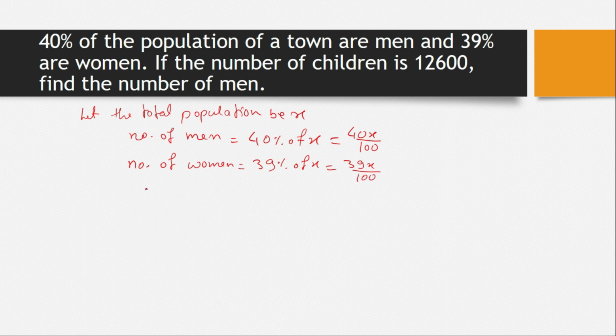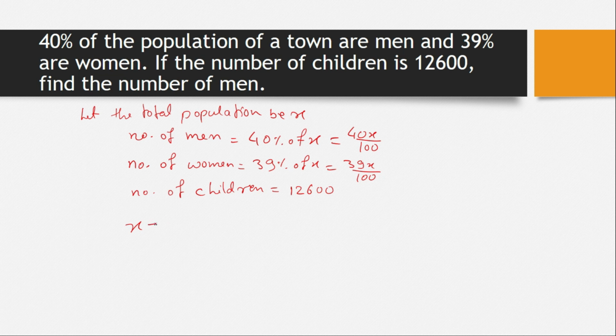And the total number of children is given, 12600. So if we subtract the number of men and the number of women from the total population, what will we get? We will get the total number of children. So same thing we will do here.